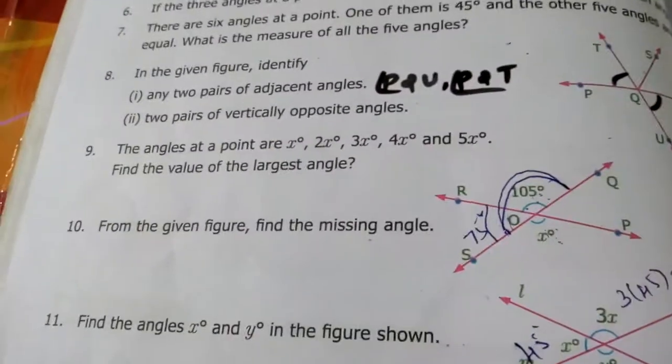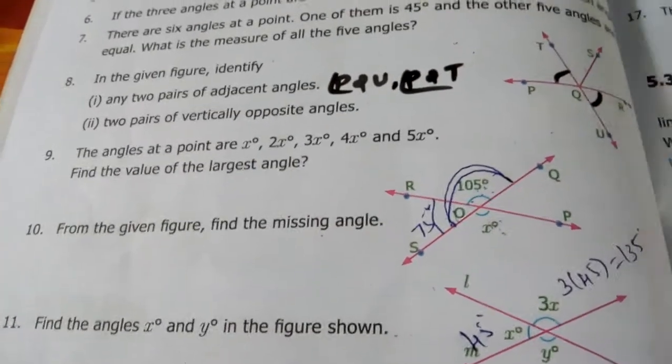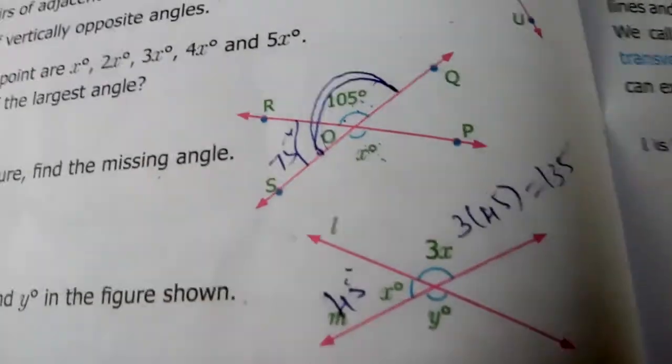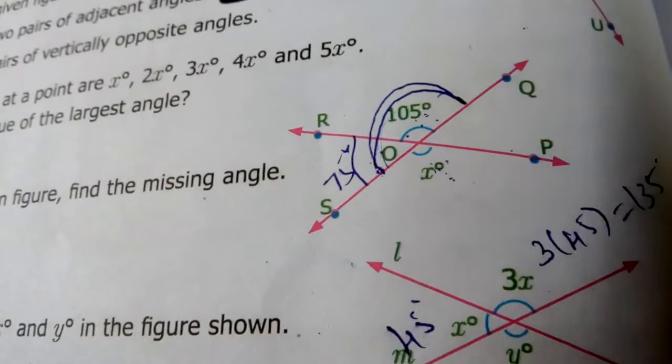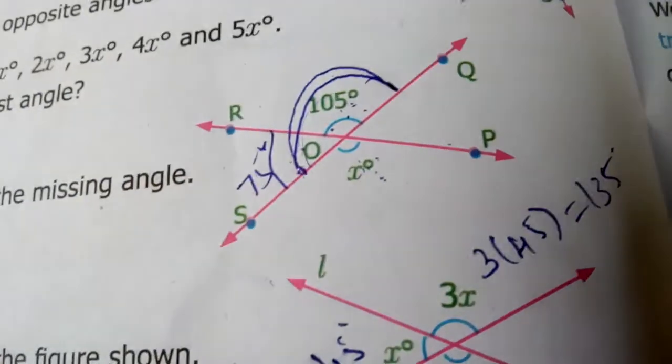Now the next question, question number 10. From the given figure, find the missing angle. You are going to find out which angle is missing here. Here you can see the figure. It is given that 105 is QOR, and then ROS we are going to find out.